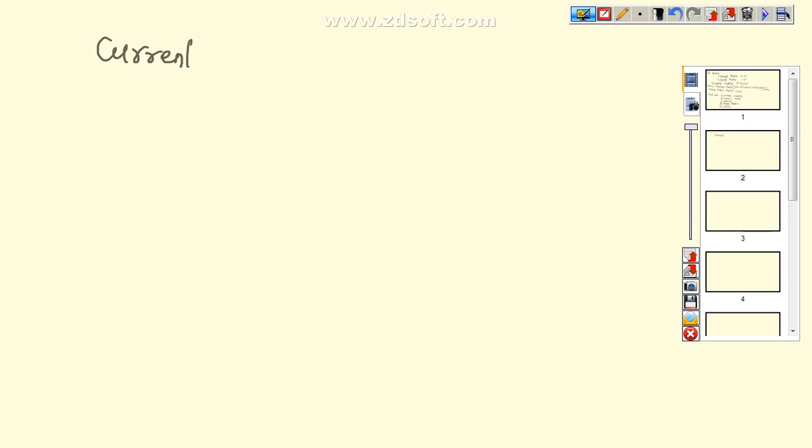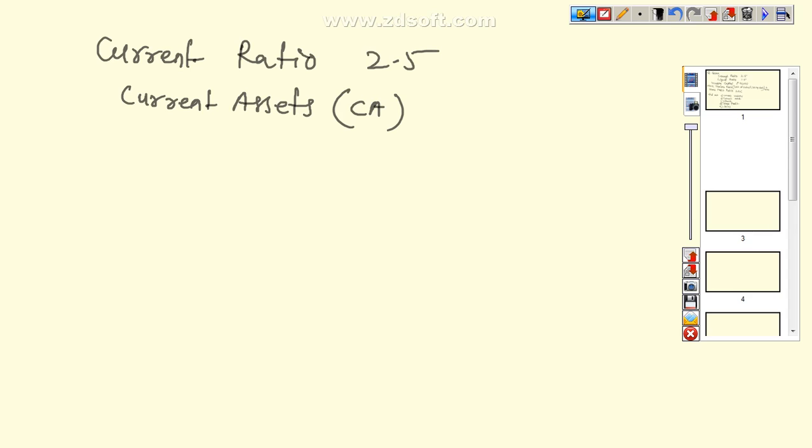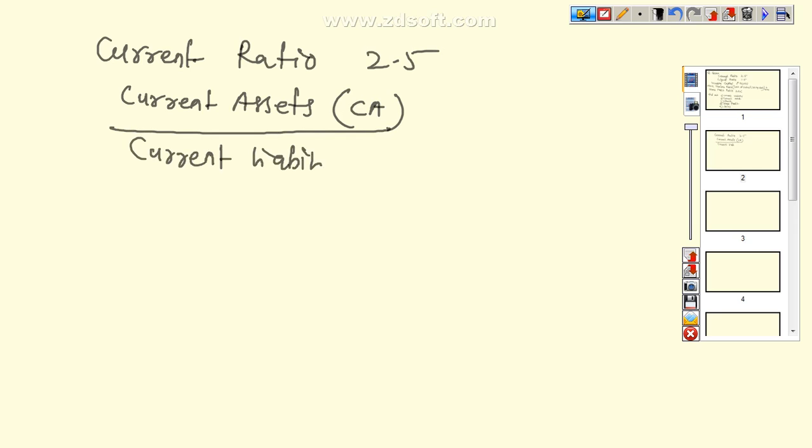Current ratio is 2.5. Now what is the formula for calculating current ratio? Current ratio is equal to current assets upon current liability, that we can denote CL, that is equal to 2.5.